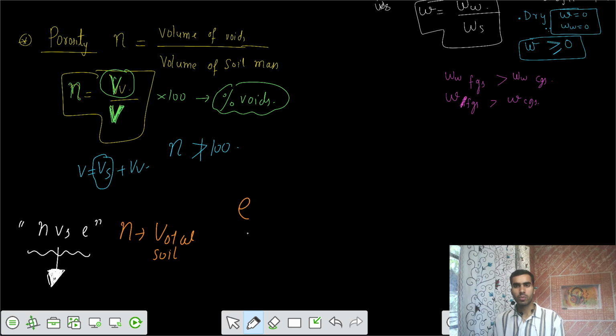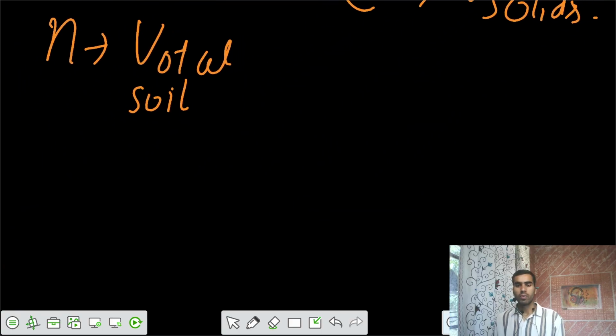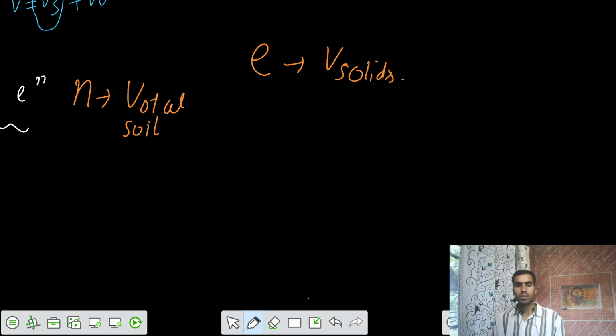But void ratio has a denominator of only the volume of solids. The total volume is a function of the volume of air, volume of water plus volume of solids, but the volume of solids is only a function of the volume of solids. And we say that air is compressible.